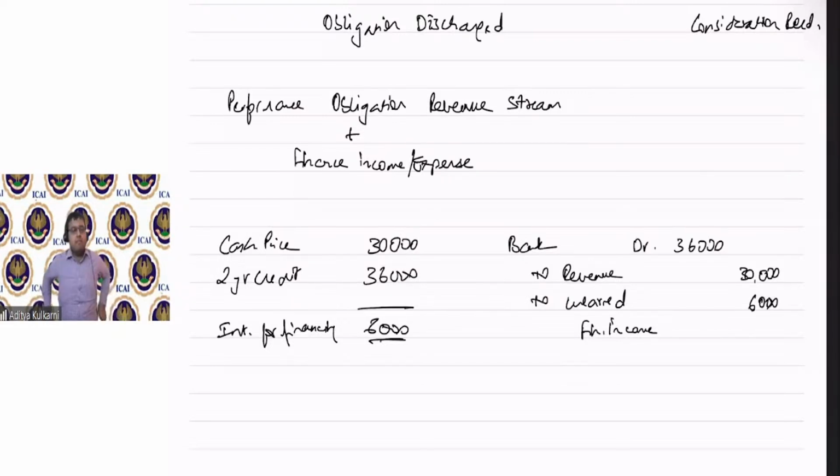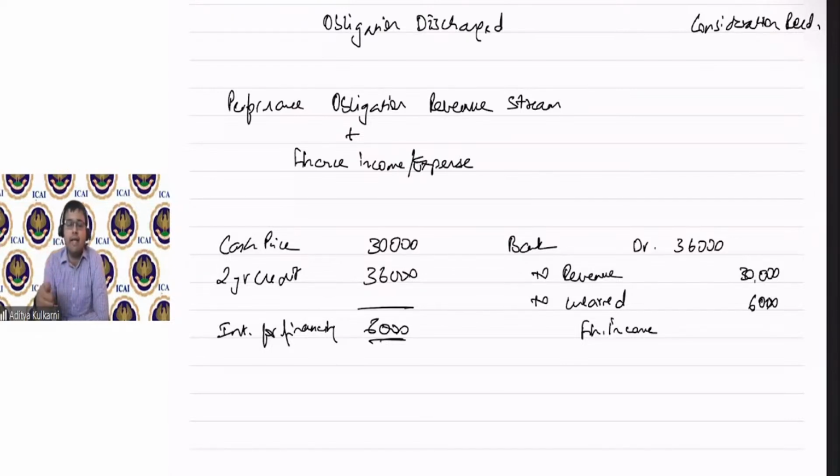For example, suppose tomorrow Reliance Jio comes with a 2-year prepaid recharge plan. Strictly speaking, Reliance has to perform the obligations over a 2-year period, and the customer has made the payment right now. So there could be a financing component, but Ind AS tells us this is an exception. Why?